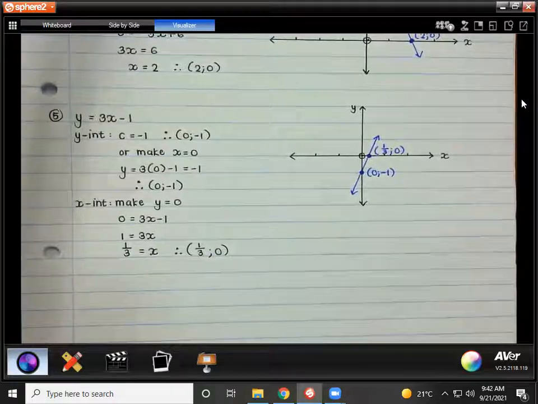Okay, if you are done there, you can write a new heading: The gradient of a straight line.